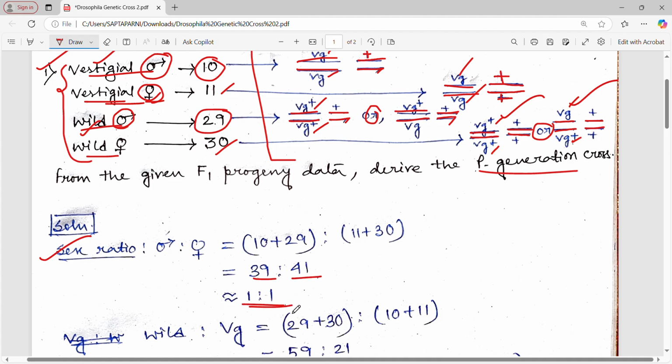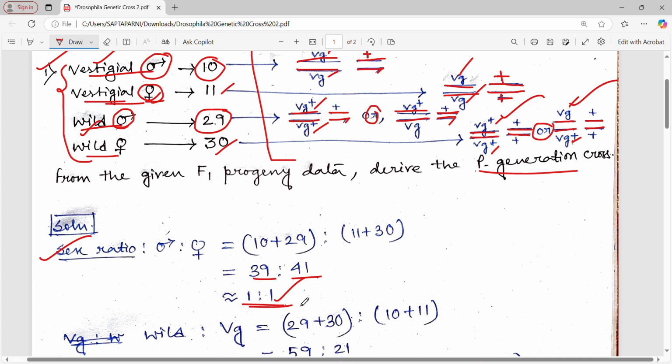I have told you in my earlier lesson that whenever the sex ratio is 1:1, that means there is no lethality in the F1 progeny. The cross will be of one type when there is no lethality, and when there is lethality, the cross will be of another type. So there is no lethality, that means all the F1 progenies are alive.